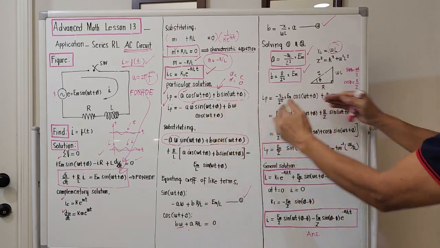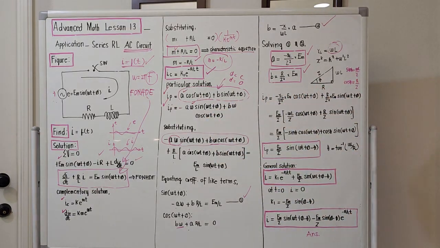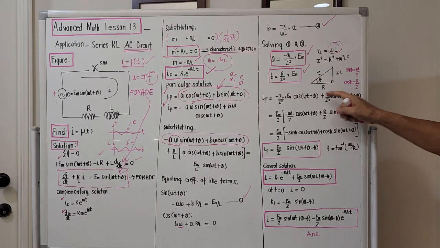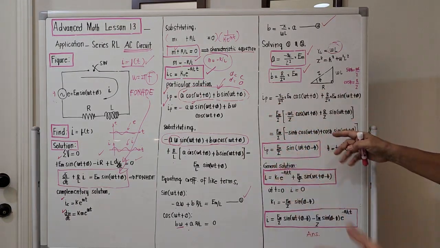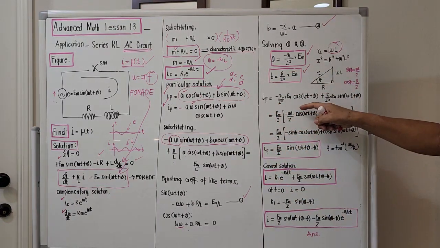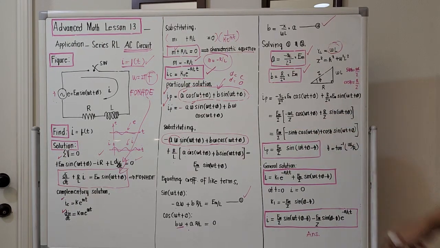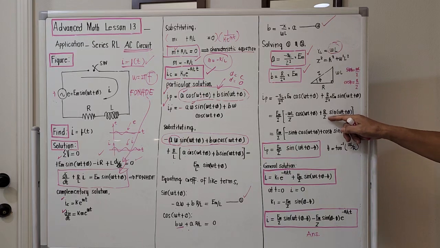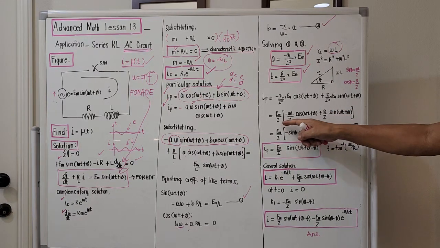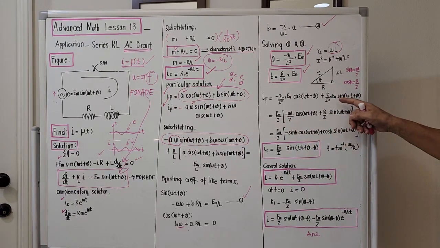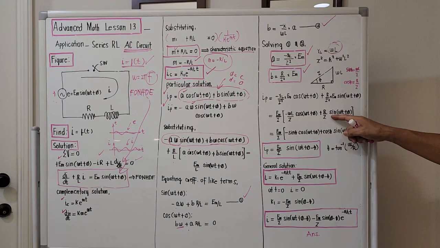Then if we try to manipulate this one, there's a common factor E sub m over Z, we bring it out. For the first one, we put inside omega L over Z, cosine of omega t plus angle theta. We bring out one Z here, because the other one is outside. What will remain inside will simply be the ratio R over Z, times the sine of omega t plus angle theta.